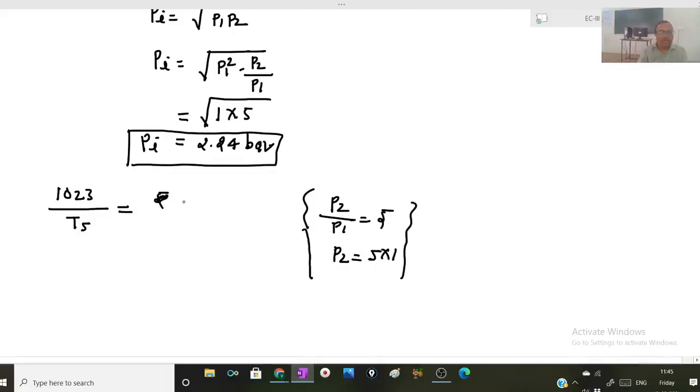So 5 by 2.24, to the power 1.4 minus 1 over 1.4. From here the value of T5 will come out as 812.24 Kelvin.